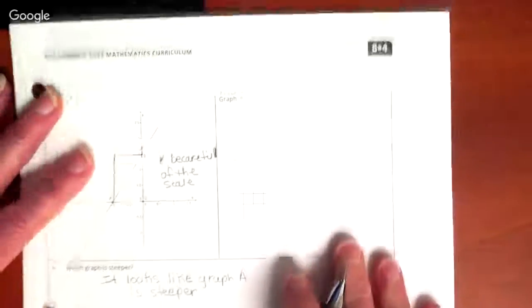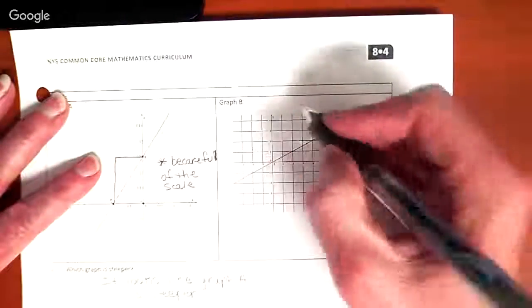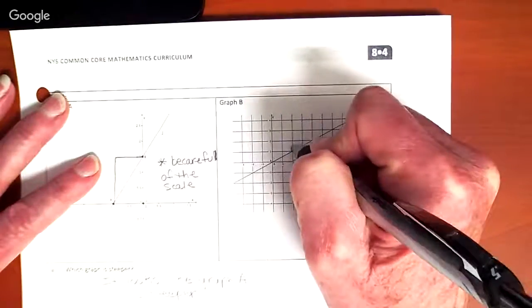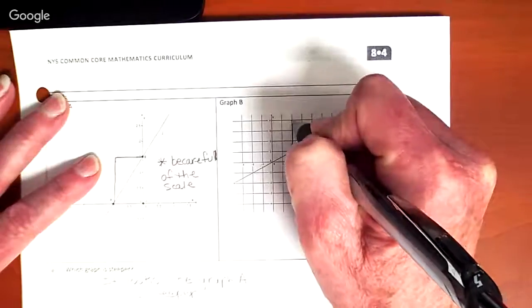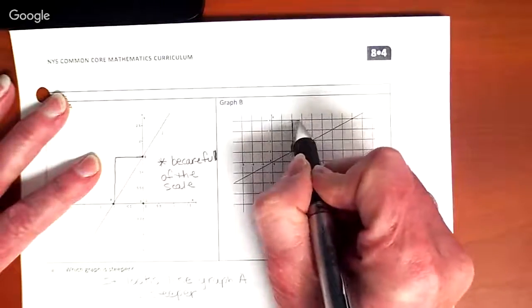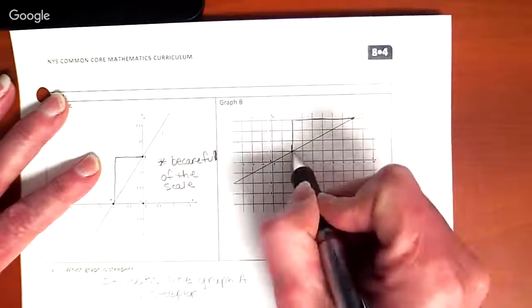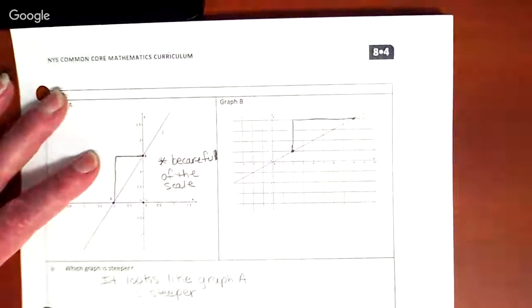So here we are going to move up 3 units and to the right 6 units.